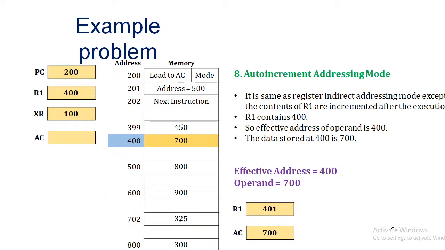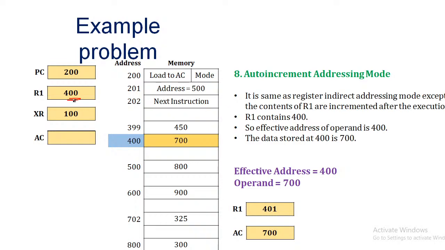So this is the way you can calculate the effective address and the operand value if a question is given. Now two examples are remaining, autoincrement and autodecrement. In case of autoincrement, please listen carefully, two things are a bit different. Here HL is not given, only the R1 register is given.